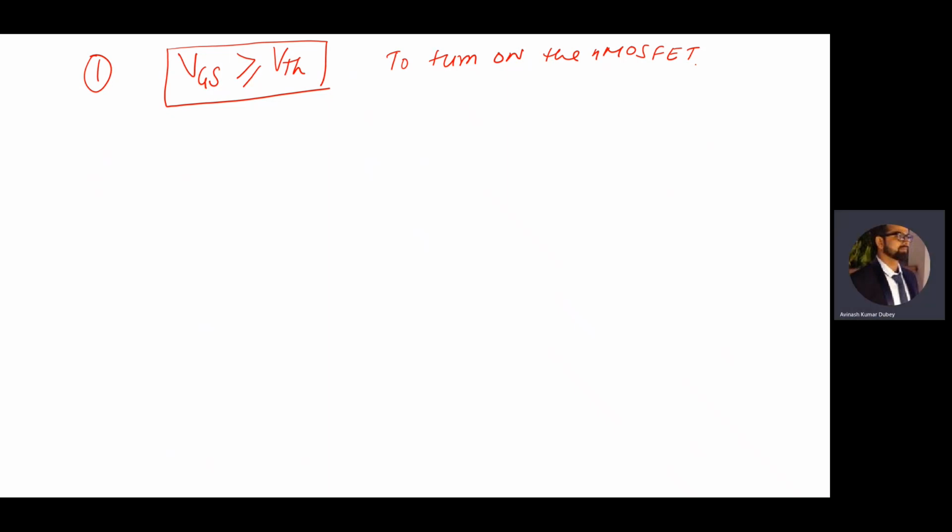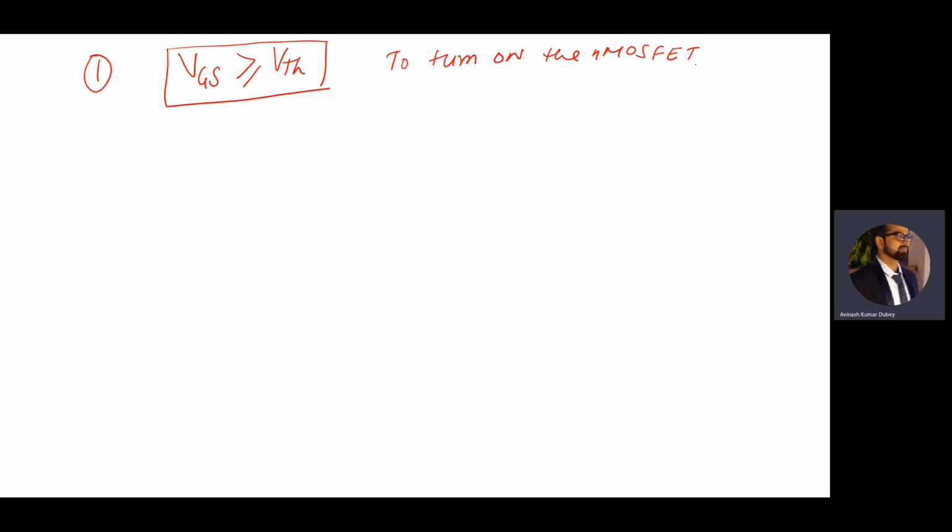From here we have a threshold voltage relationship depending on the work function of the polysilicon gate, the work function of the silicon substrate, the doping concentration of the substrate, and the oxide capacitance.